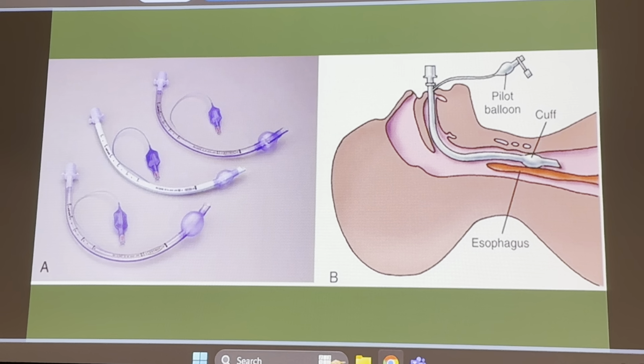So it's called a pilot balloon that sticks off the end of this. We're gonna hook up a 10 cc syringe to it, and we're going to give it 10 cc's, flush 10 cc's, whatever you wanna say, and it's going to blow up the balloon at the end. So right here at the very end of it, that's our goal.